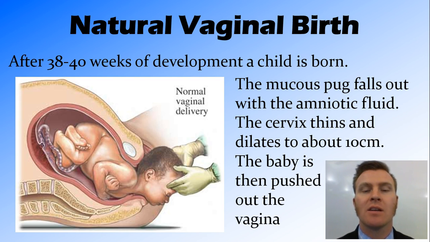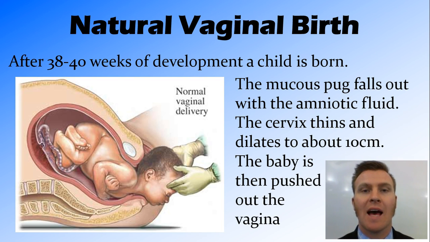The cervix, which had this plug in it and was about 8 centimeters thick, then thins to about 2 centimeters and dilates, so it gets larger, till the time that it's about 10 centimeters wide. Most of the contractions that happen during childbirth are actually this thinning and dilating of the cervix.